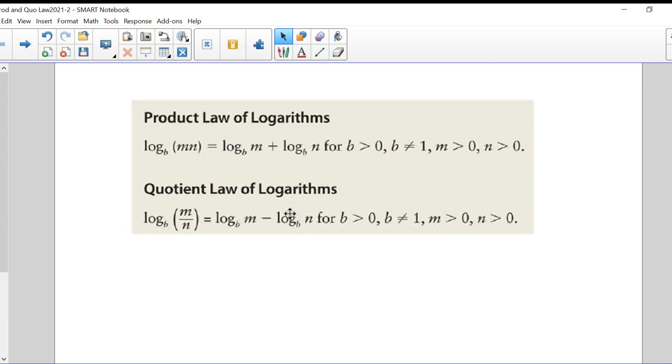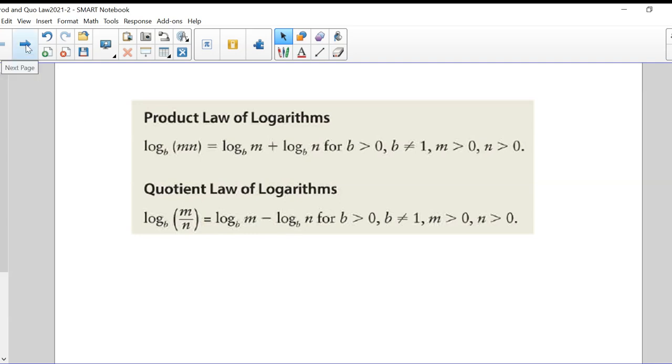We know that if two things have the same base, we can add their exponents. So that's kind of what we're saying here, because I keep saying a log is an exponent. If two things have the same base and you're dividing them, you can subtract their exponents, which is exactly what we're doing here. So that's why the laws make sense.